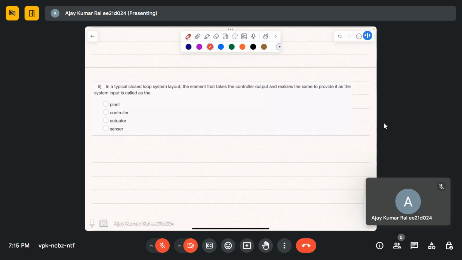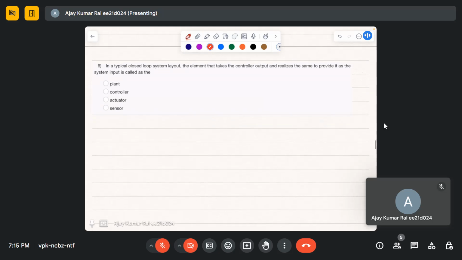Okay. So in a typical closed loop system layout, the element that takes the controller output and realizes the same to provide it as the system input is called, okay, so you know this is the controller and the plant.